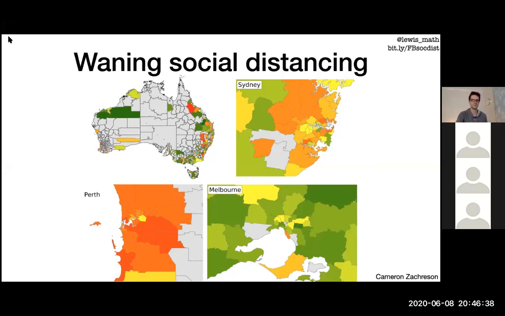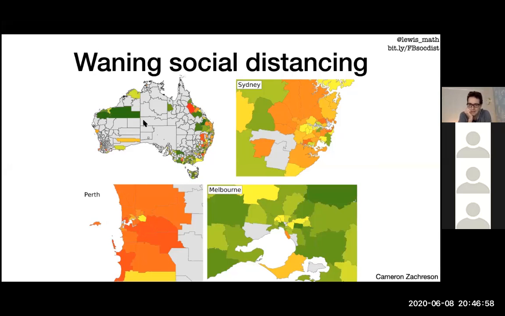Yeah, thanks. Cool. All right, so that feature, that the outer suburbs seem to be waning a bit more quickly in social distancing than the inner suburbs, seems to be something that you see in other places around the country as well.